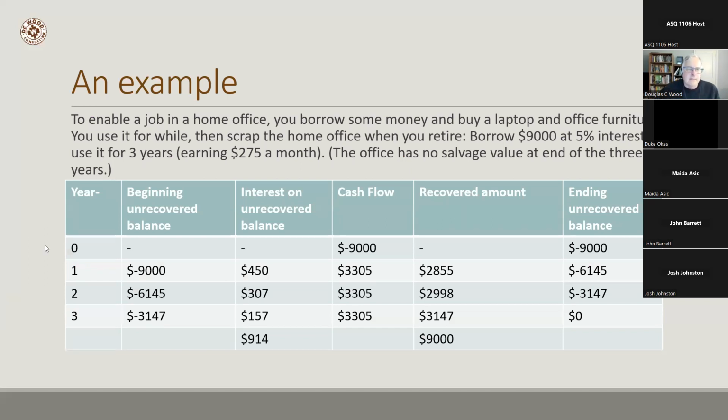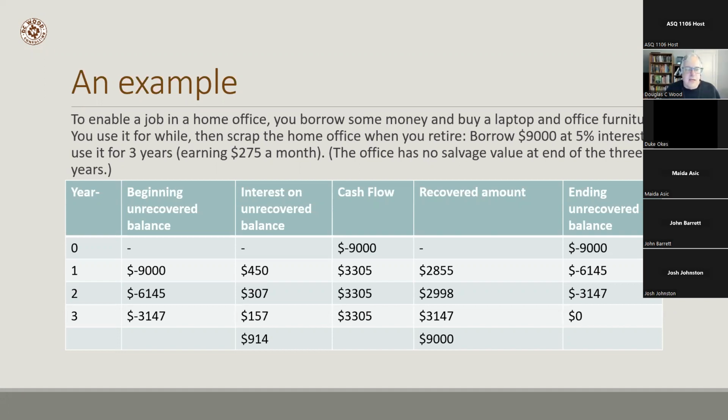We've got a 3-year job, you're going to run a home office, let's say, and you're going to borrow money and buy a laptop and office furniture and use it for a while, but then you're going to retire. And you won't need the office furniture. You'll basically just scrap it. We're going to assume that what you bought has no salvage value at the end of the 3 years. That makes it a little simpler to follow here.